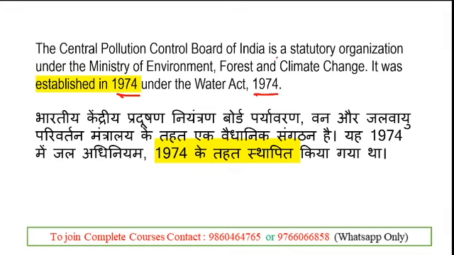The Pollution Control Board of India is a statutory organization under the Ministry of Environment, Forest and Climate Change, established in 1974 under the Water Act 1974. So you want to remember the full form of CPCB, that is Central Pollution Control Board.